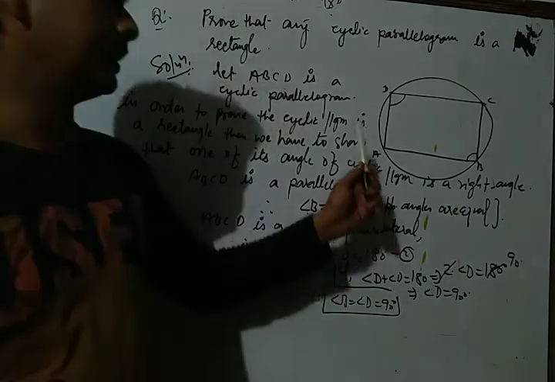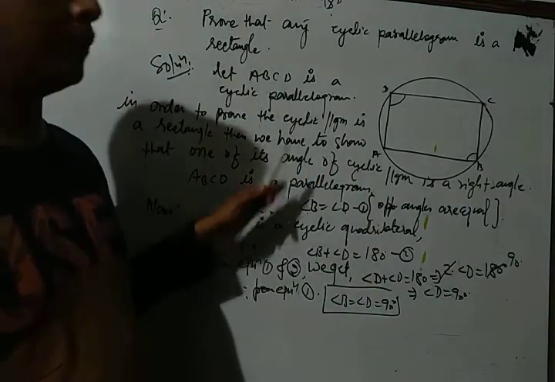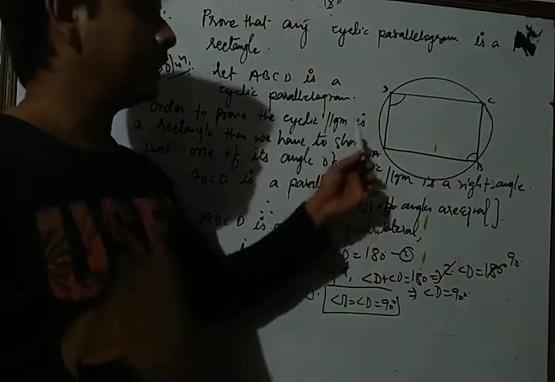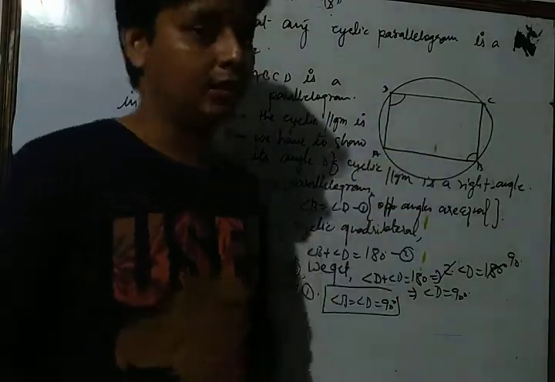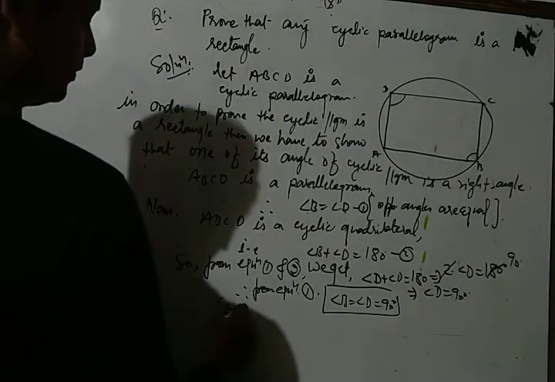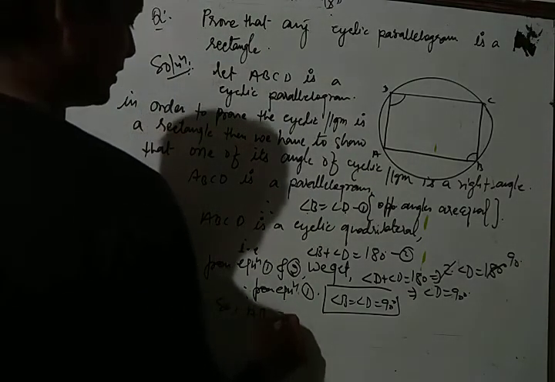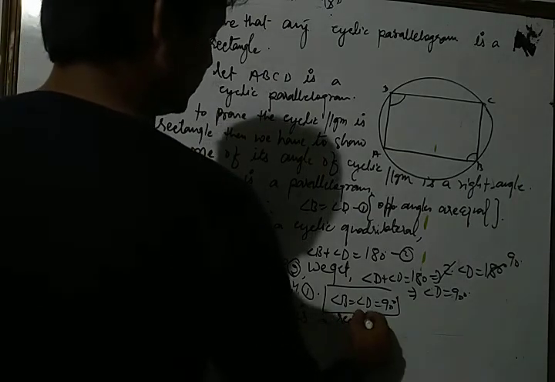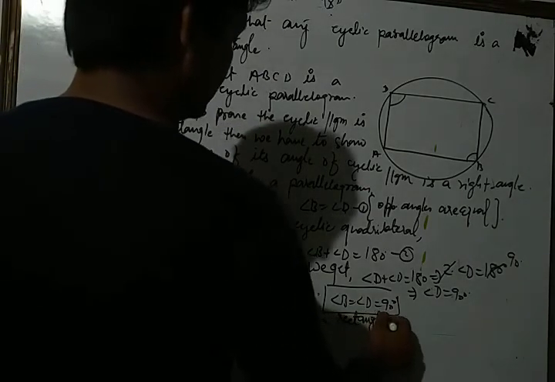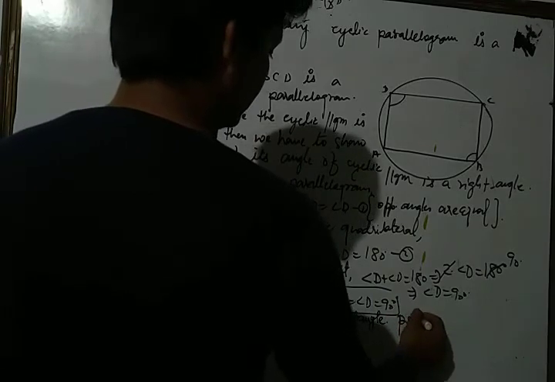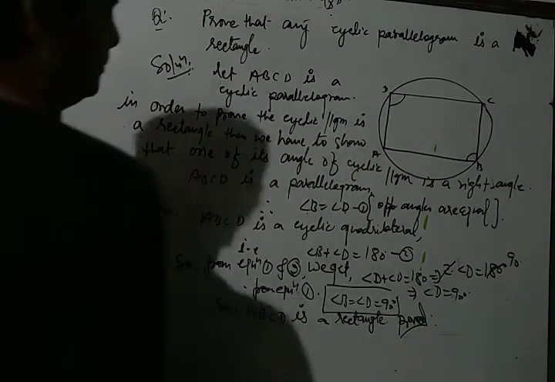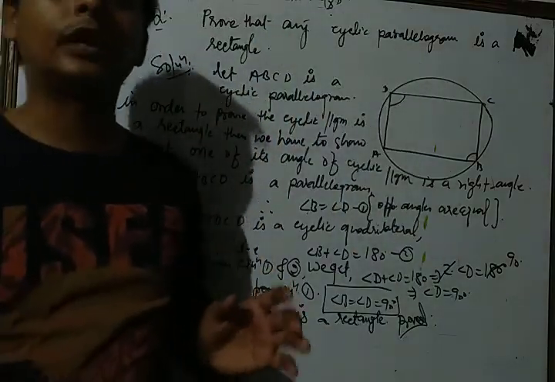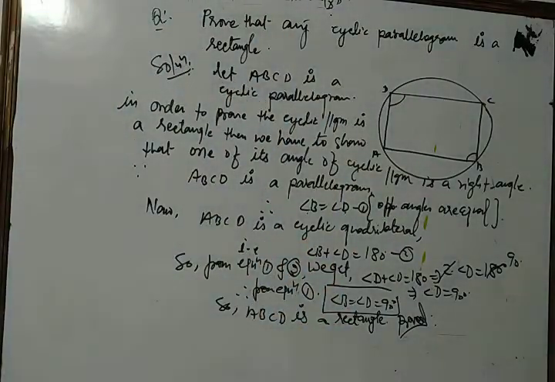So in order to prove that the cyclic parallelogram is a rectangle, we can say that ABCD is a rectangle. Proved. Okay, this is one of the most important questions of your NCERT exercise.